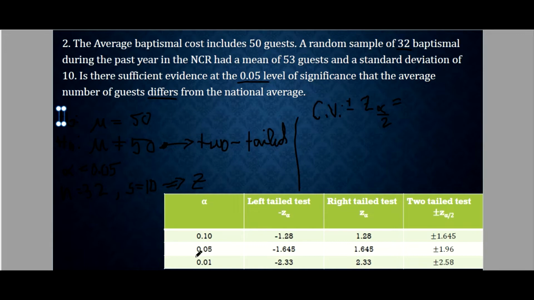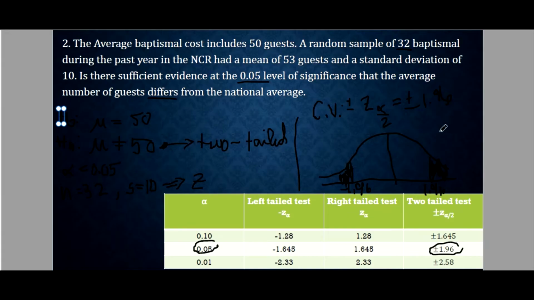So for 0.05, on the second row, we have plus and minus 1.96. Visually, we have this: negative 1.96 for the negative side, and positive 1.96 for the positive side. These two are the critical values, and the shaded regions are the rejection regions.